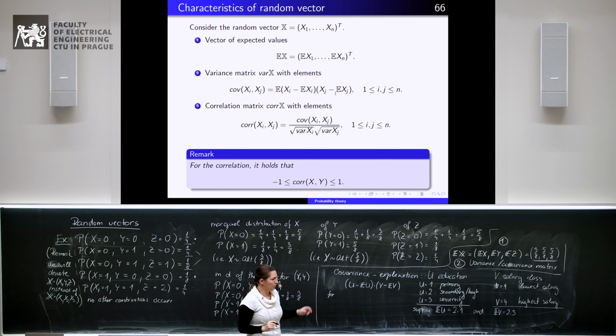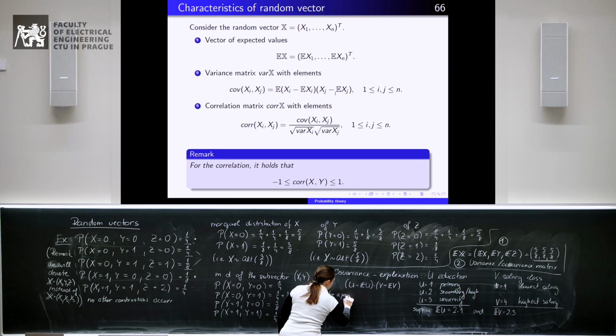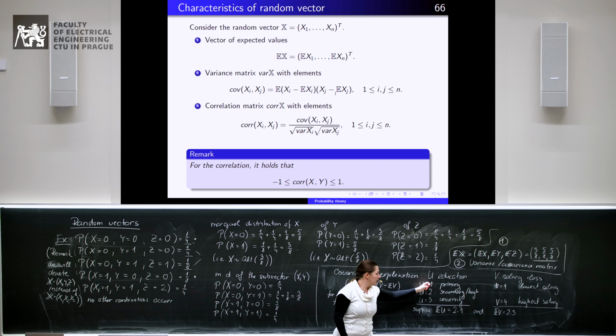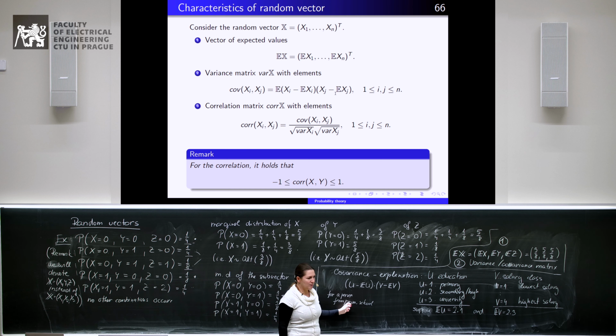For a person from primary school, it means that his or her education has the value 1. But the expected value, meaning the mean value, is 2.1. So the education of this person minus the mean education is negative.